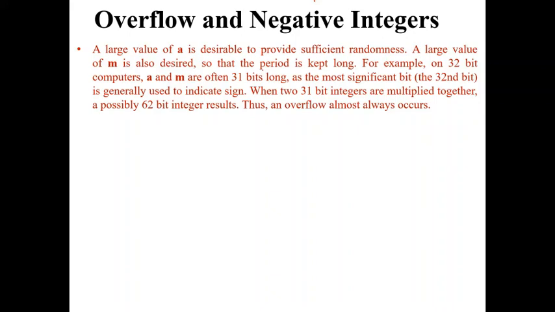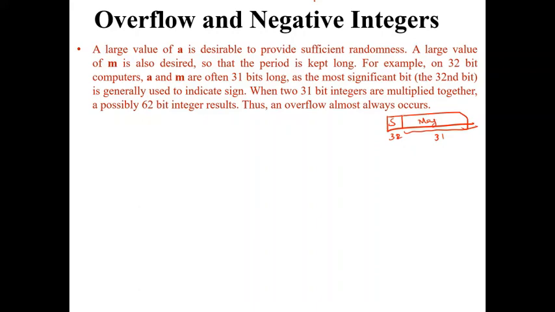The MSB will always be the sign bit. The remaining 31 bits will give you the magnitude. So usually it is in sign magnitude form, correct? So out of 32 bits, I'll have this as the sign bit, the 32nd, and the remaining 31 bits will give you the magnitude.